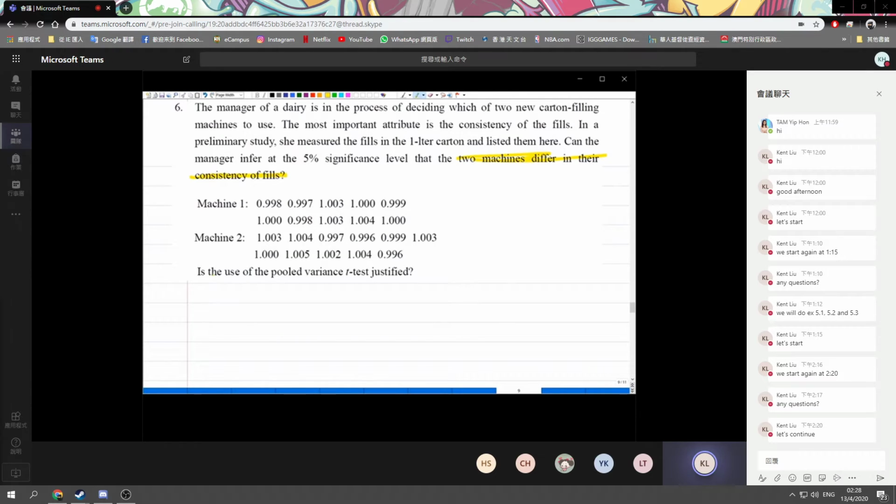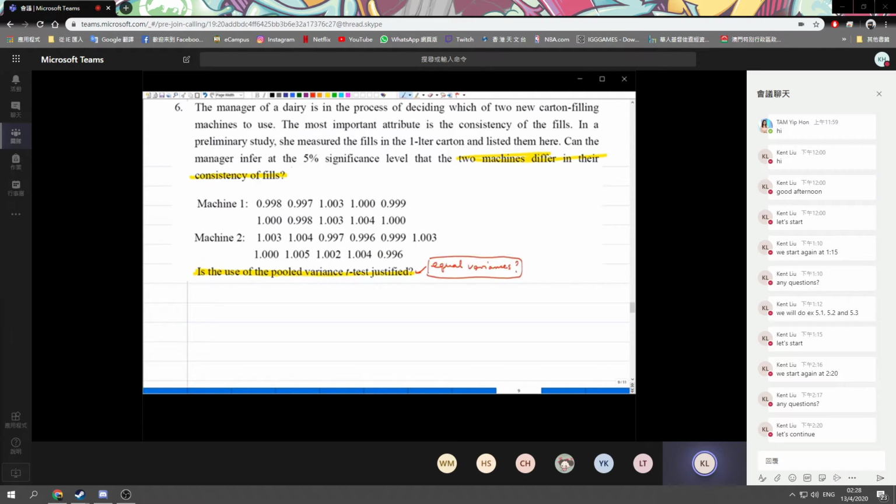Another question they ask is whether the pooled variance t-test is justified. Whether a pooled variance t-test is justified depends on whether they have equal variance. And how do we know whether they have equal variances? We can do an F test to find out.